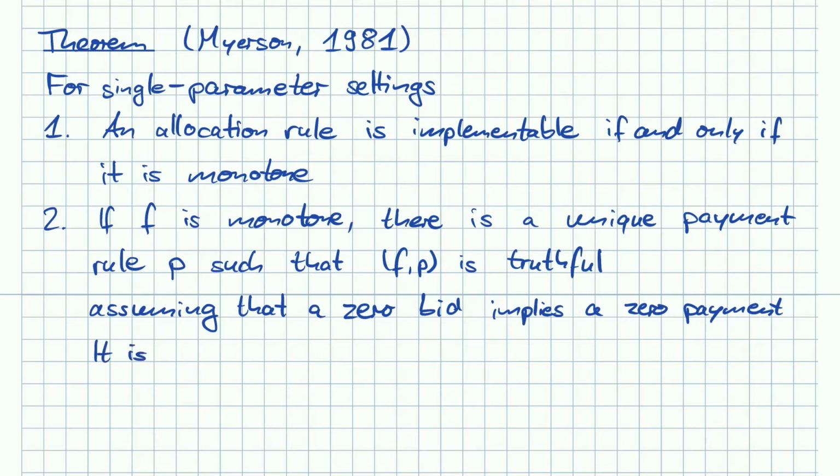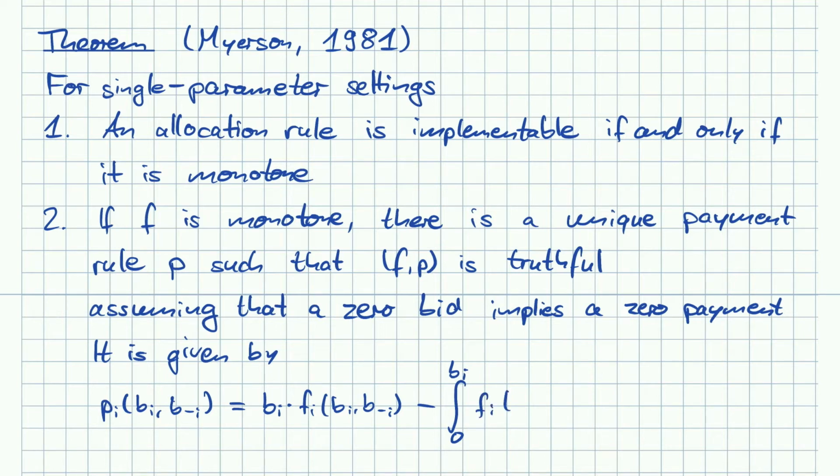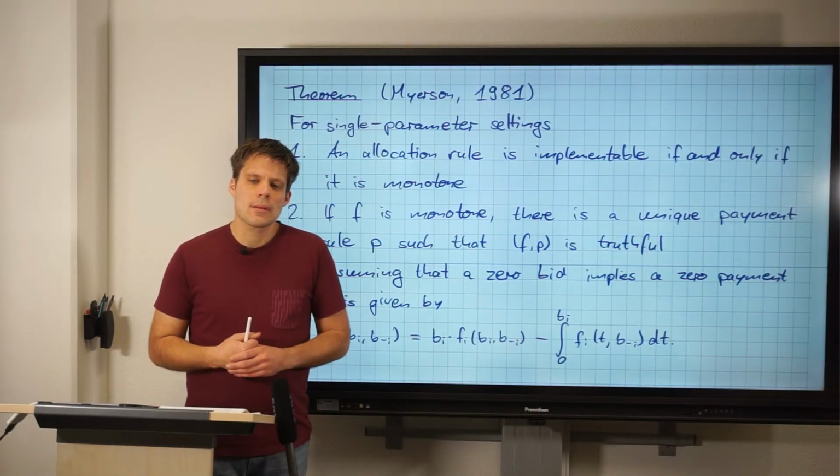And it is given by p_i(b_i, b_-i) = b_i times f_i(b_i, b_-i) minus the integral from 0 to b_i of f_i(t, b_-i) dt. Good.